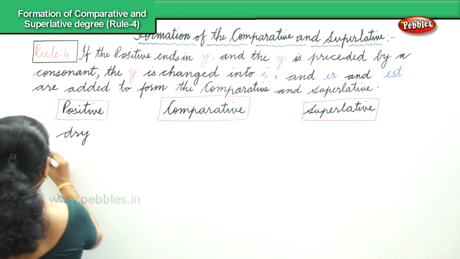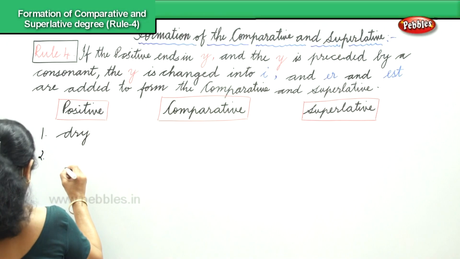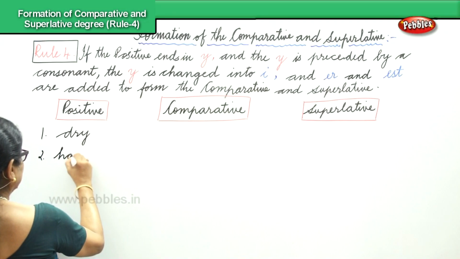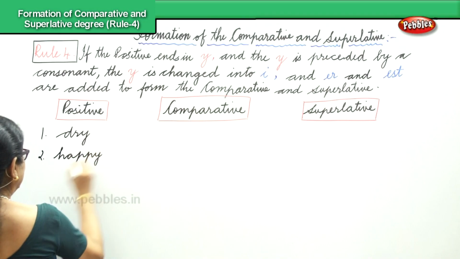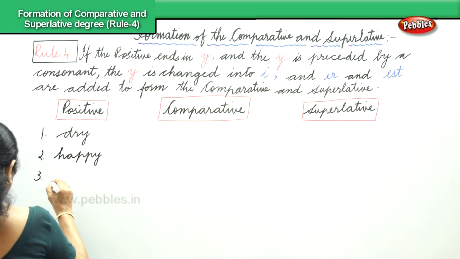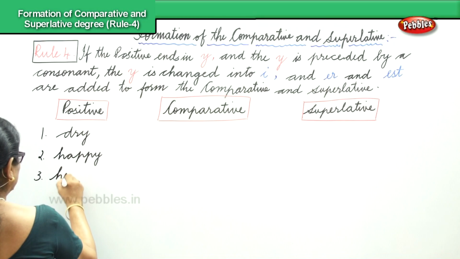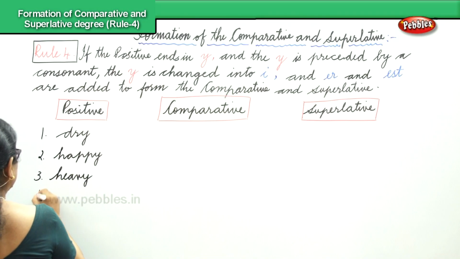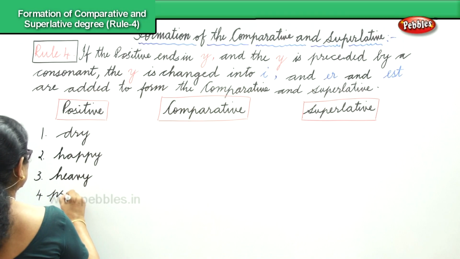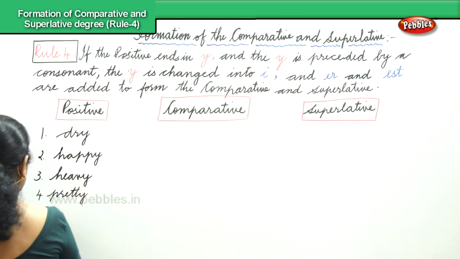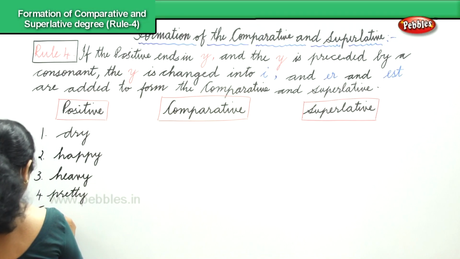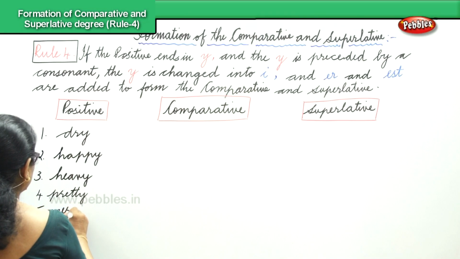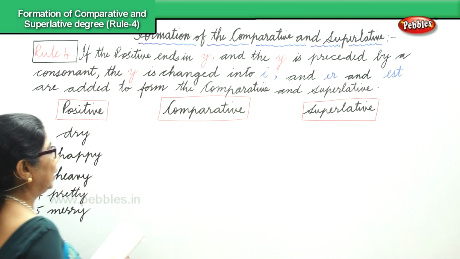Okay, so the first one is dry, happy, heavy, pretty, and merry.